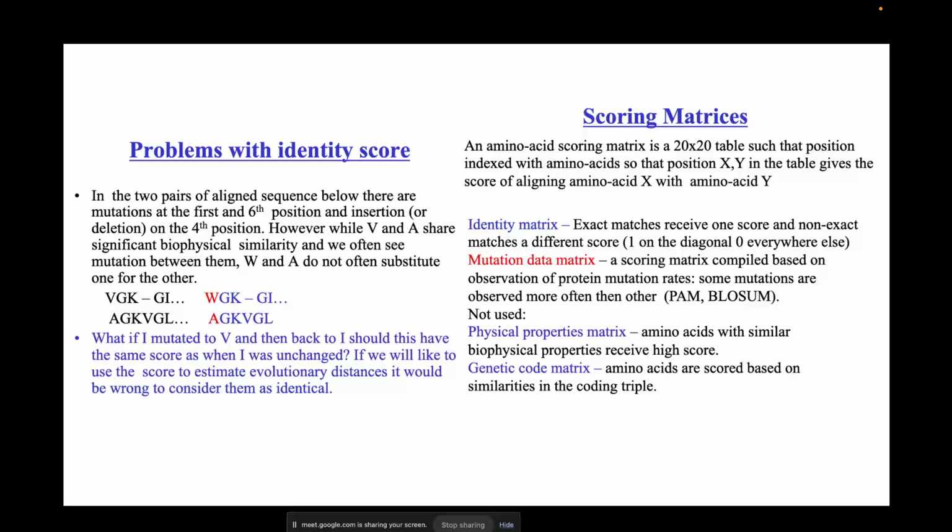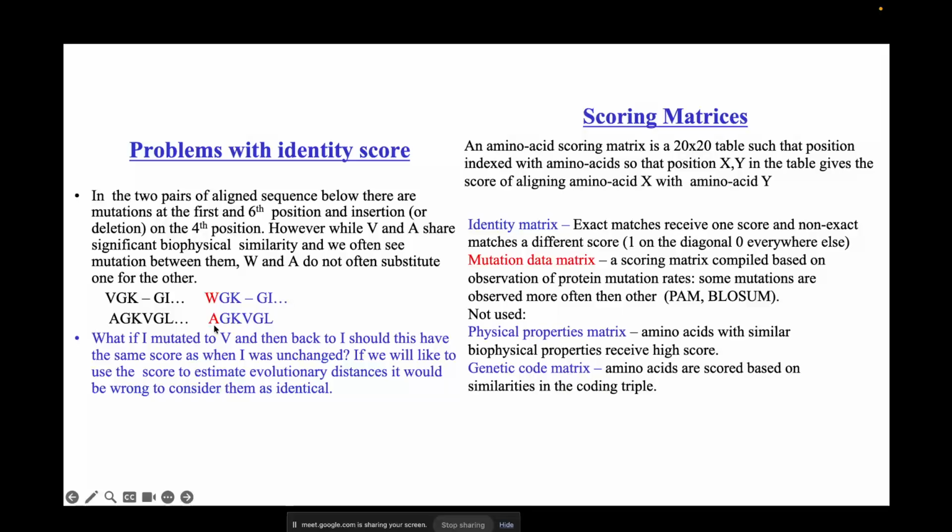Now, what if you mutated to V and then back to I? Should this have the same score as when I is unchanged? So the idea is, let's not complicate this. If a V versus A is zero, should W versus A also be zero?